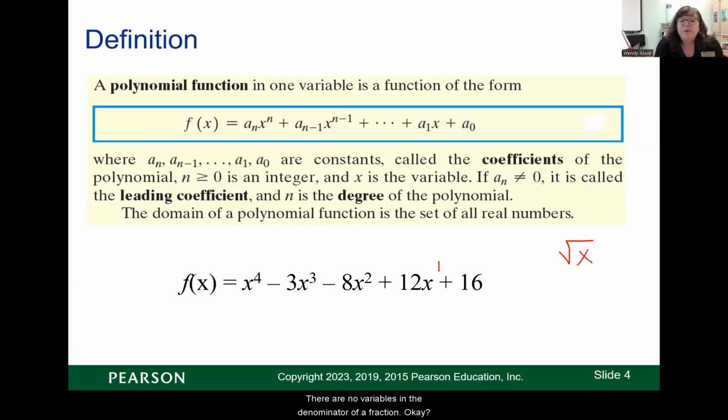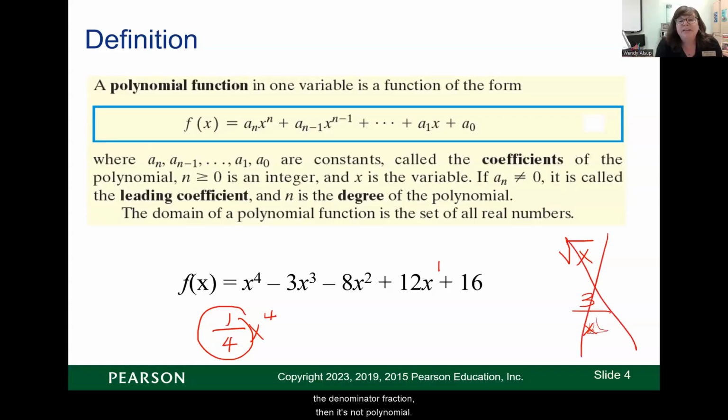There are no variables in the denominator of a fraction, okay? Now, you can have maybe 1/4 x to the 4th. You could have that. But the variable is not in the denominator of the fraction. You can have a fraction in front of the variable, but if you have a variable like x or y underneath the radical symbol, or a variable in the denominator of a fraction, then it's not polynomial.